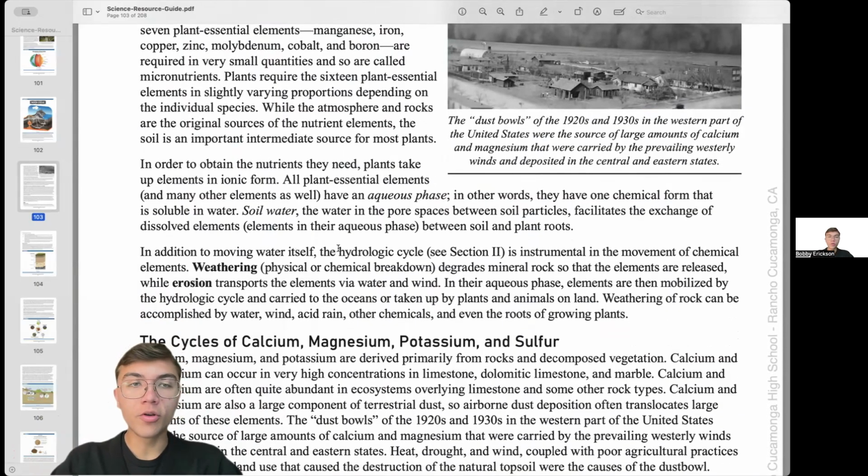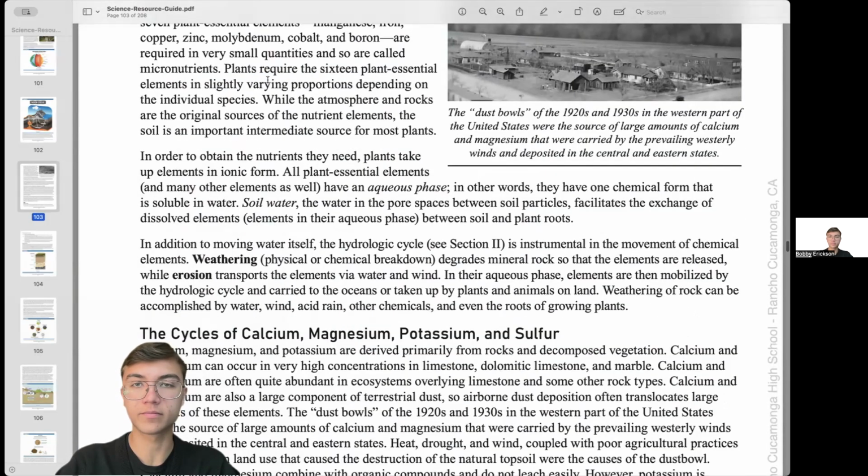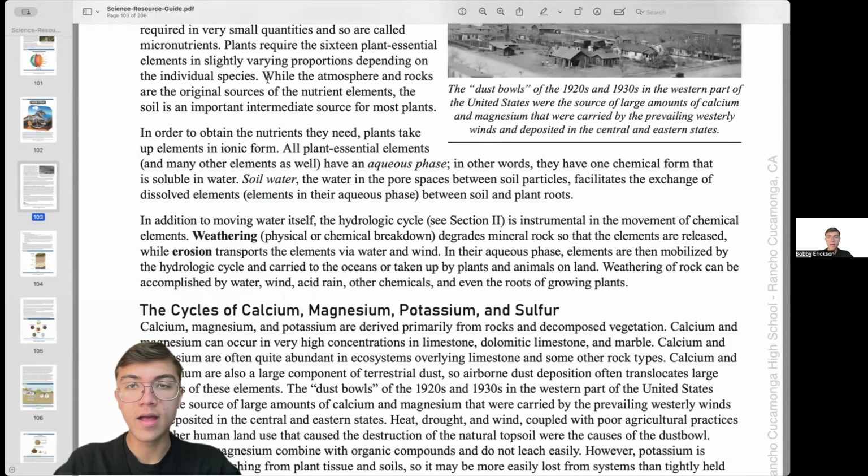Then there's also the hydrologic cycle, which helps cycle these elements. Weathering and erosion help transport these elements via water and wind. So remember that weathering and erosion transport the basic building blocks to the essential elements for plants.